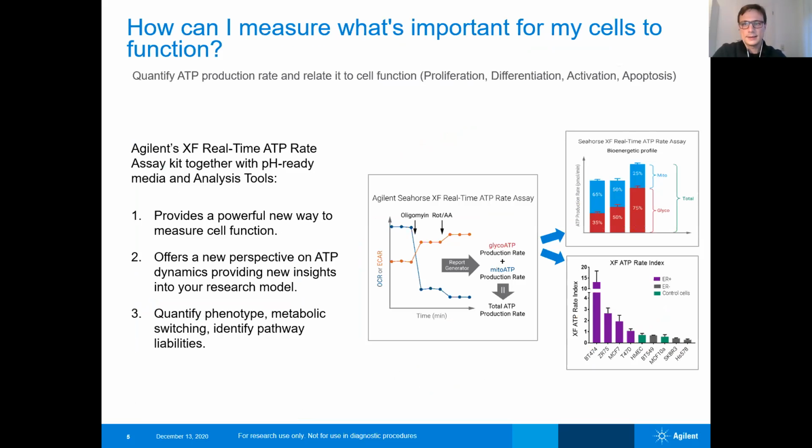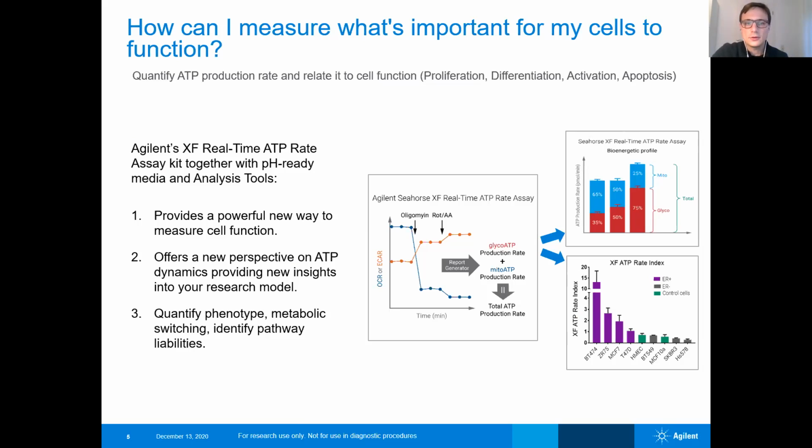For that reason, I would like now to explain the ATP rate assay. The ATP rate assay is a kit for the Seahorse instruments, but it's also a very nice way to look into metabolic data which you can gain from a Seahorse experiment.